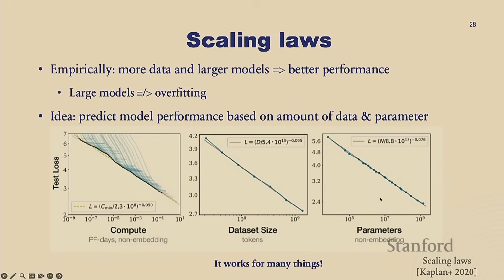If you increase the number of parameters, the loss will decrease by an amount which is somewhat predictable. This is really amazing, very surprising. I mean, it looks innocuous when you look at these plots, but that's crazy because it means that you can predict how well we're going to perform in 2-3 years, depending on how much compute we will add, assuming that these things will hold. There's nothing theoretical about it.